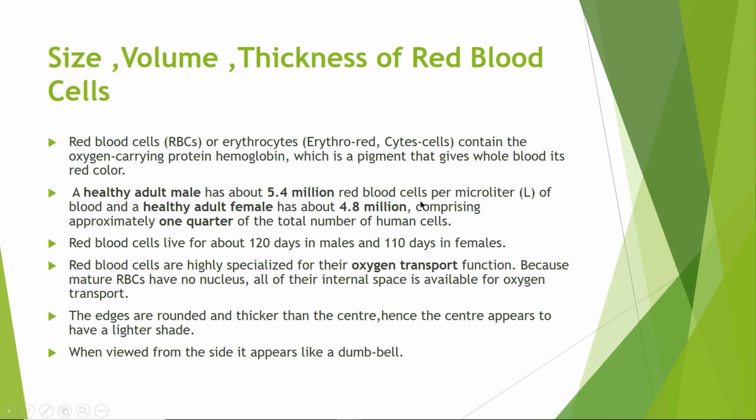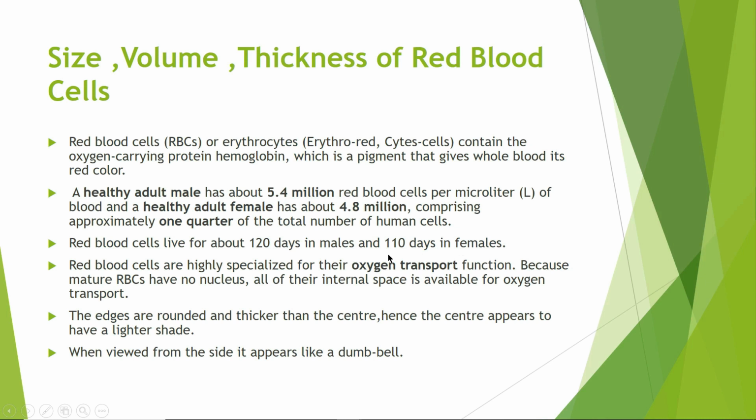Whereas in females, we don't have testosterone hormone, so that's why the number of RBCs is lesser. Red blood cells live for about 120 days in males, whereas 110 days in females. So this is a tentative number of their lifespan.